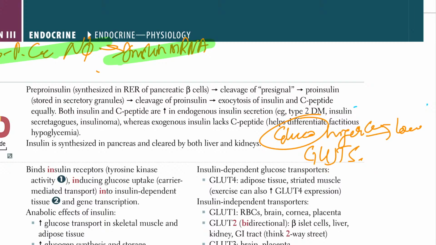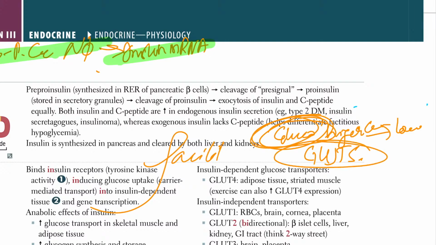GLUT family acts as what for glucose? Facilitated diffusion. So glucose needs GLUTs, which are the transporters. It doesn't just go right away into the cell without these GLUTs.